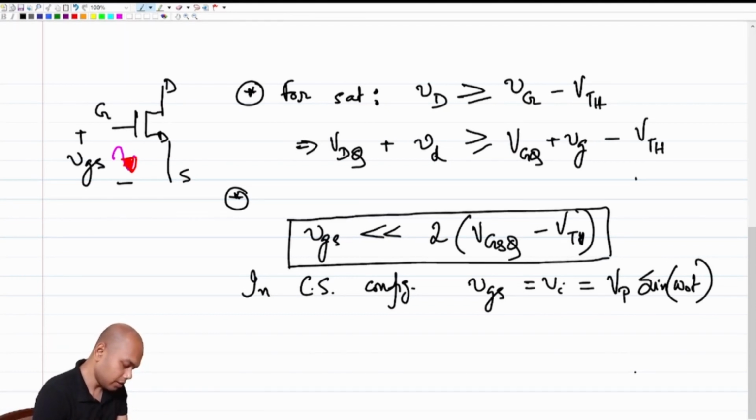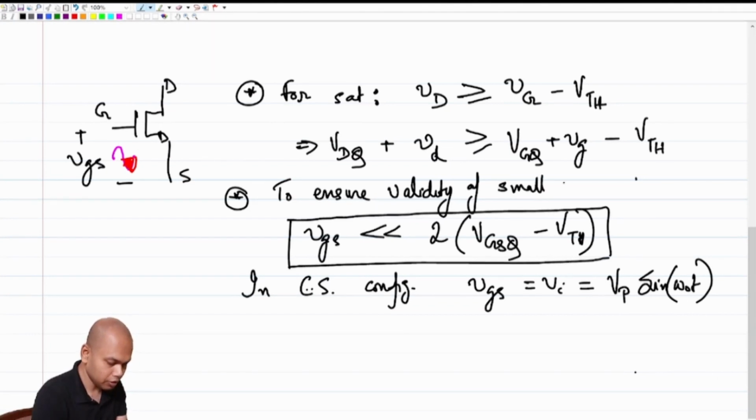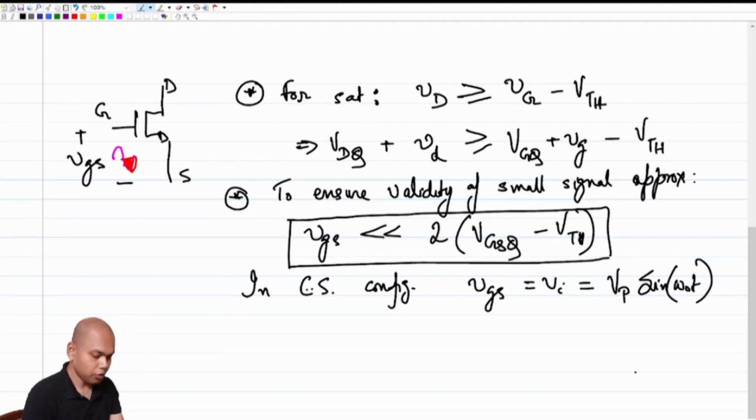To ensure validity of small signal approximation, we have to ensure this VGS is much less than twice the overdrive, right?